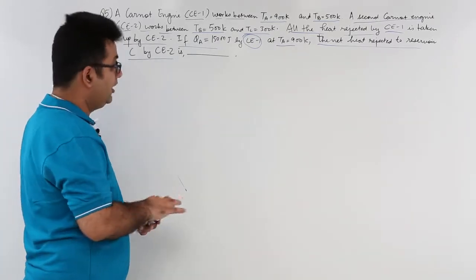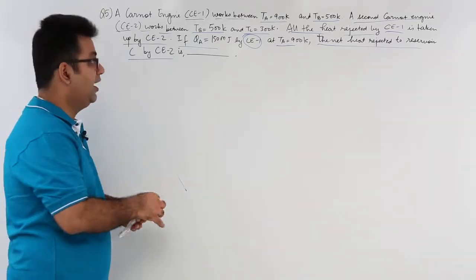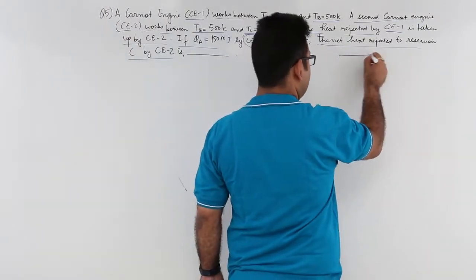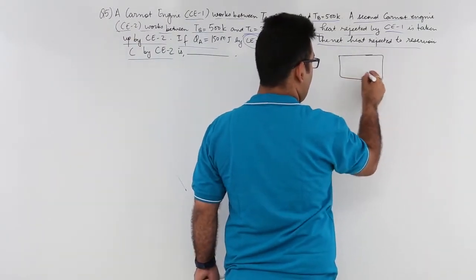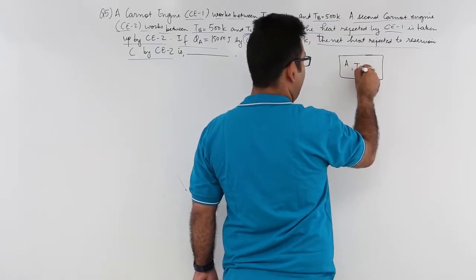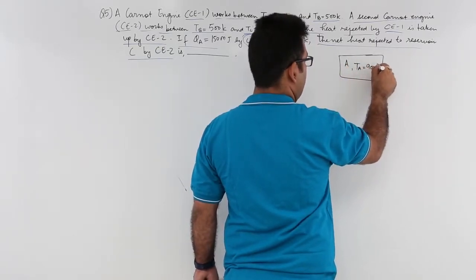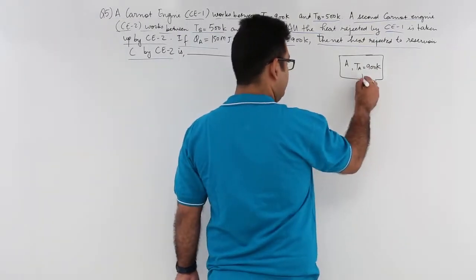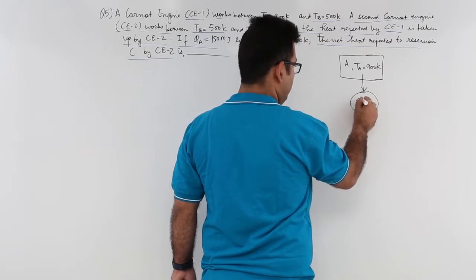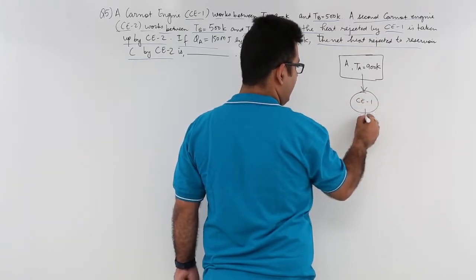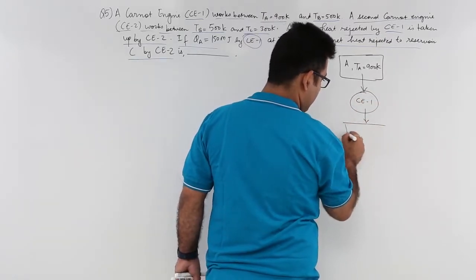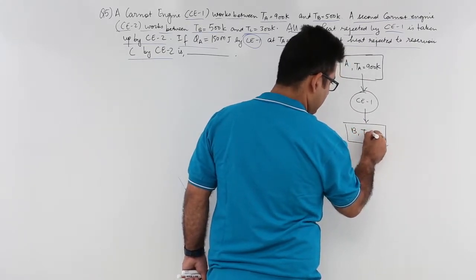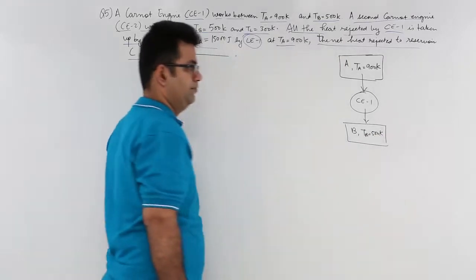So let's draw a diagram out of it first of all. You have the highest temperature as 900 Kelvin. This is reservoir A at TA of 900 Kelvin. This provides heat to CE1 and it rejects heat to reservoir B at 500 Kelvin.